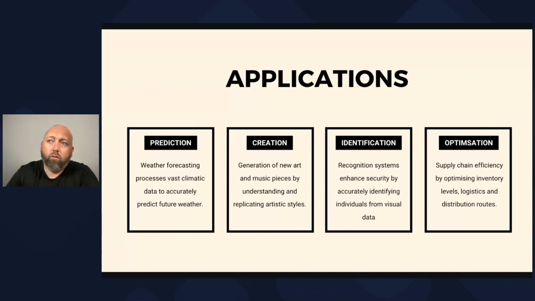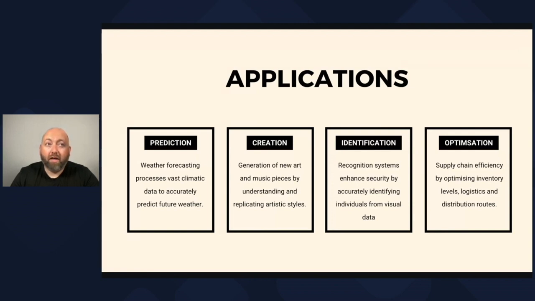Now, the applications for this are more and more each day becoming quite surreal and quite extensive. There have been examples of using these models for prediction. Google released a great one for weather forecasting, where they were able to take a 12-hour window to predict crazy weather patterns. We can use them obviously for creation. We've seen the image generation that's existed across social media in recent years, and also music is becoming quite a fast one.